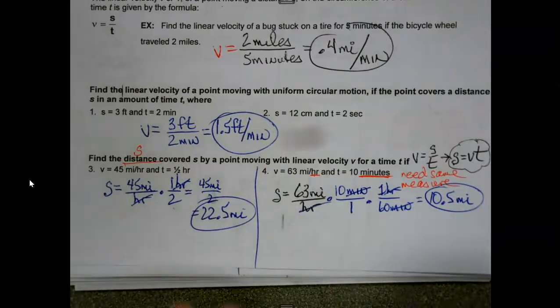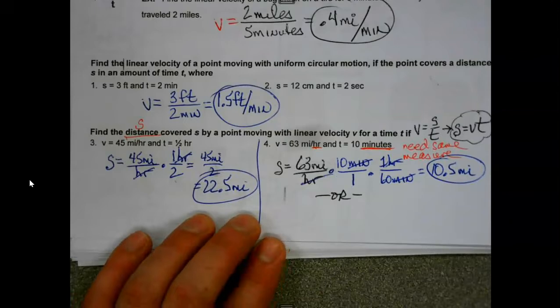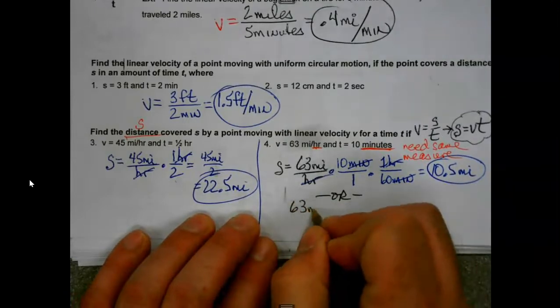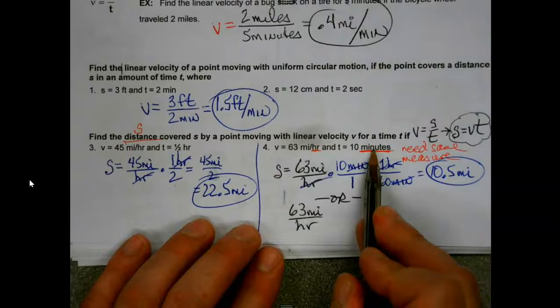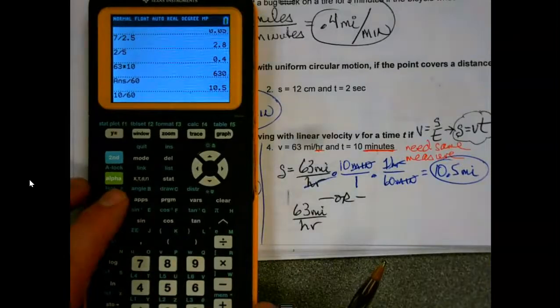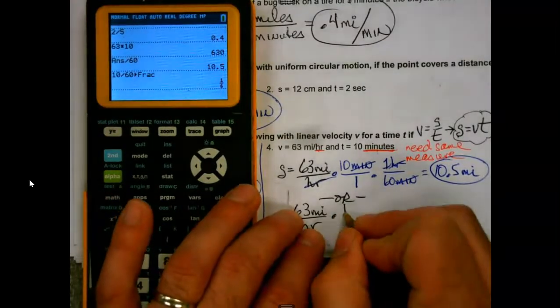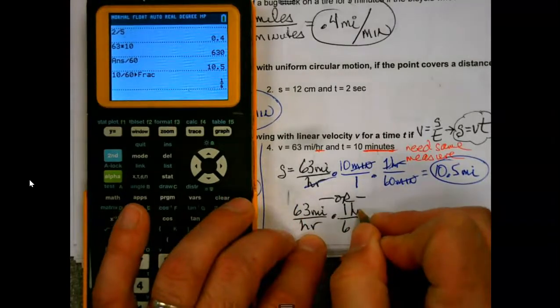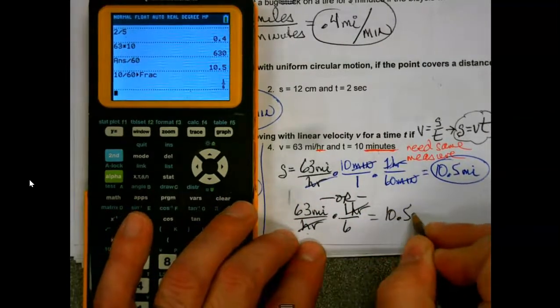Some of you are going to say, why wouldn't you just, and this is actually the way I normally would do it, I look at that and I say, hey, 10 minutes is how much of an hour? Well, 10 minutes out of 60 is 1/6, so you could just do 1/6 of an hour, cancel out the hours, and end up in the same place.